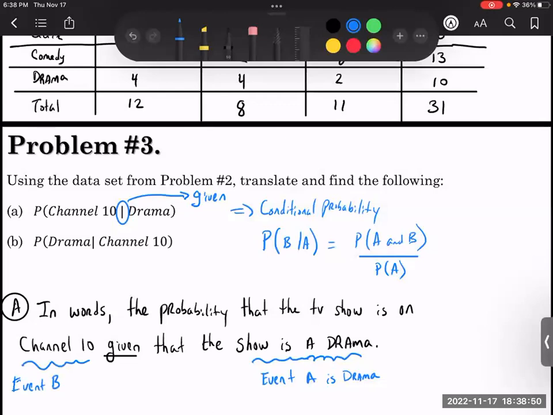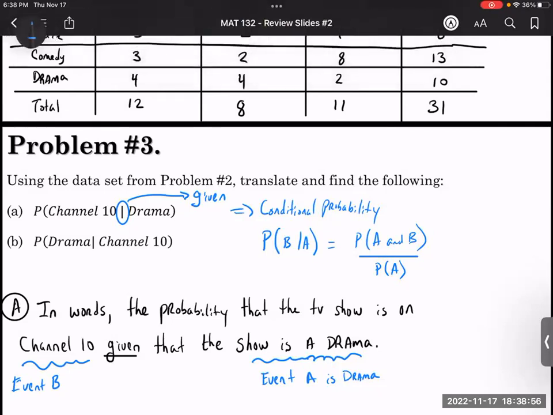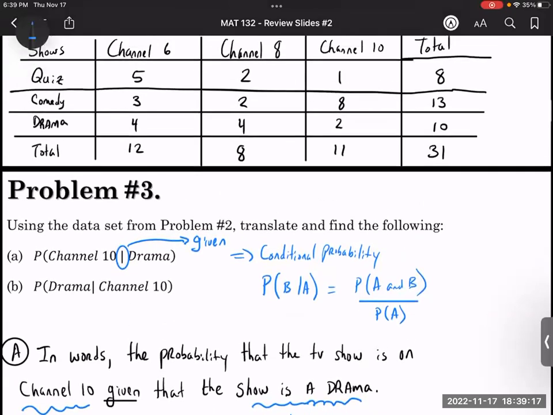So we do this intuitively. Your bottom number is always equal to the number of outcomes favorable to the first event. If we're finding the probability of getting channel 10 given drama, then you have to figure out how many TV shows are related to drama.